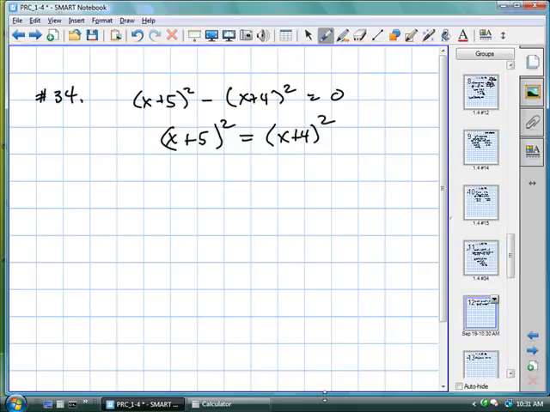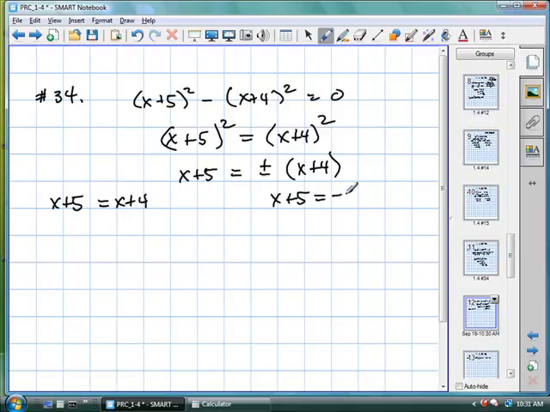Now take both square roots. You've got to take both roots. So really this becomes x plus 5 equals x plus 4 in part 1. But the other part becomes x plus 5 equals minus x minus 4.